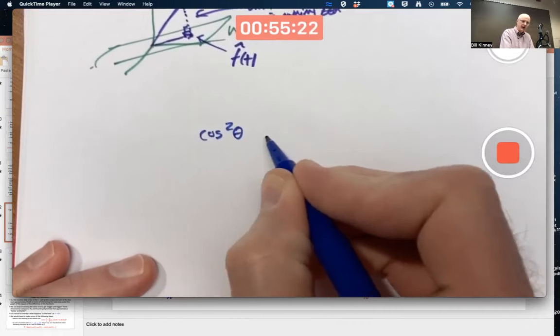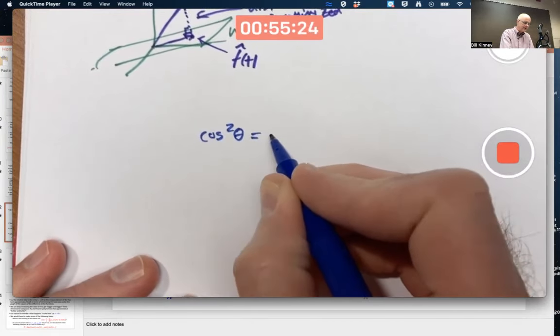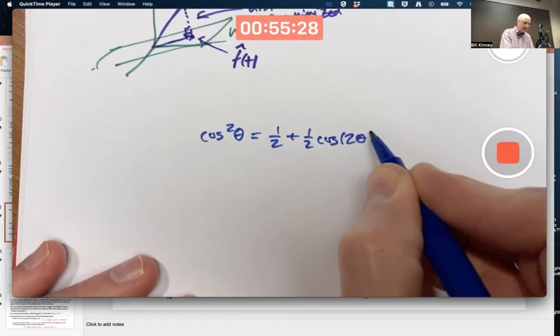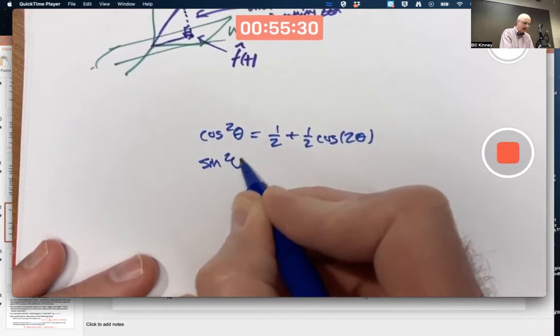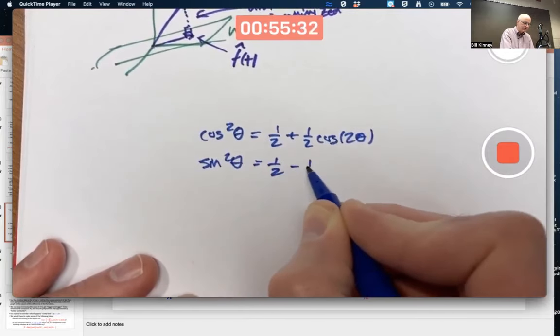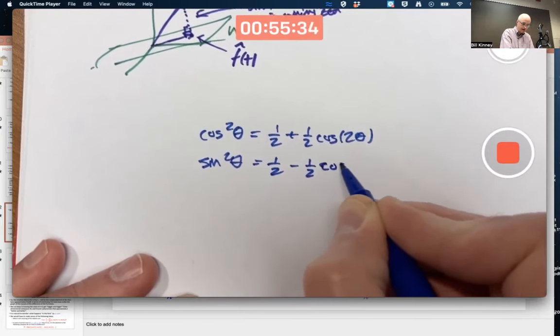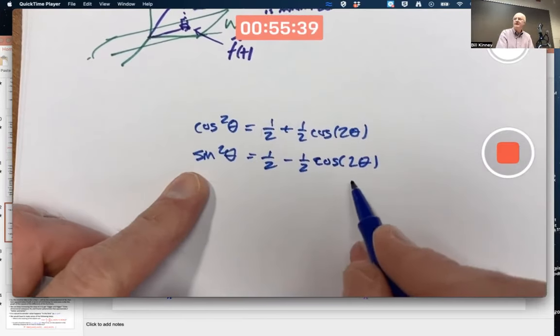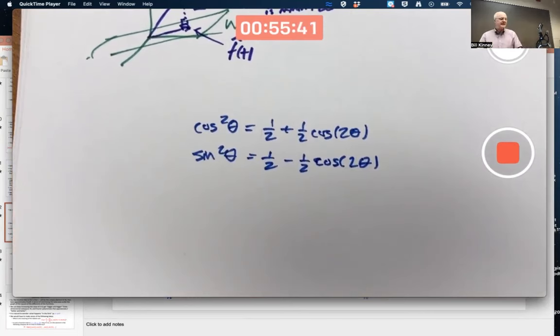Cos squared of an arbitrary input, call it theta, is 1/2 plus 1/2 cos 2 theta. And sine squared theta is 1/2 minus 1/2 cos 2 theta, actually. Even though that's a sine, that's still a cosine. Maybe you've used these identities in Calc 2 or in multi. These are handy identities to use to help you do more integrals, and you can avoid integration by parts there.